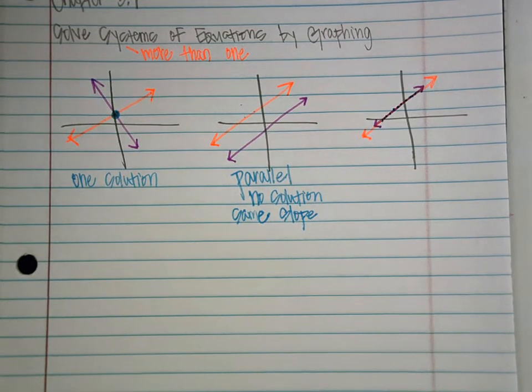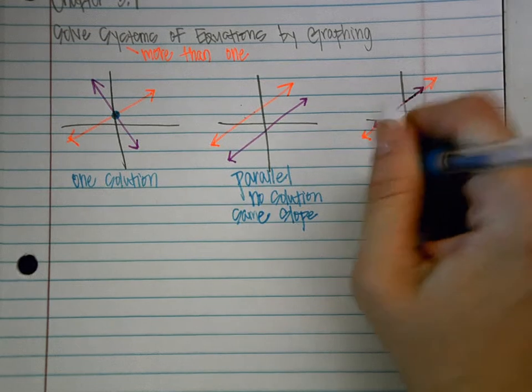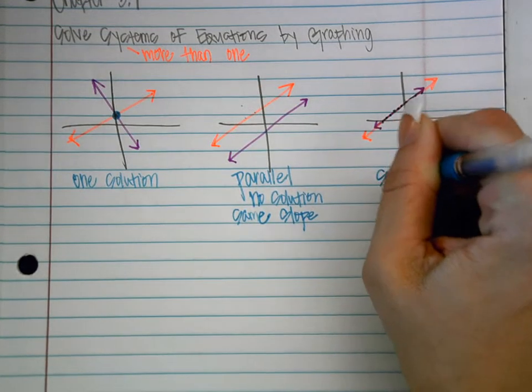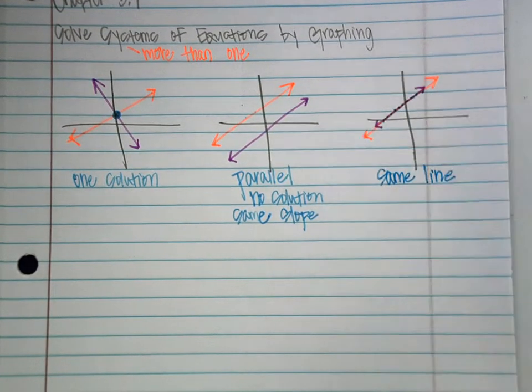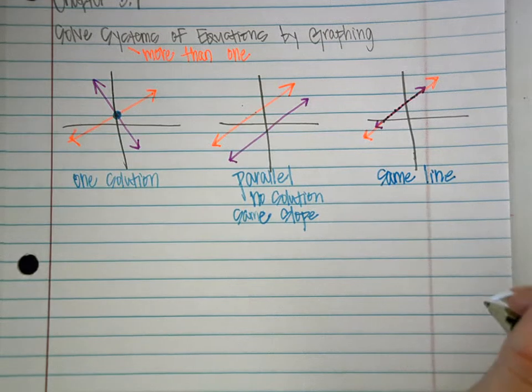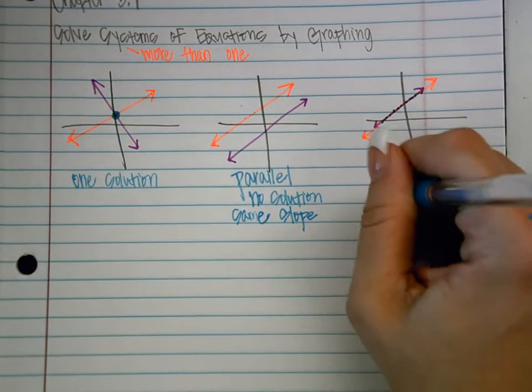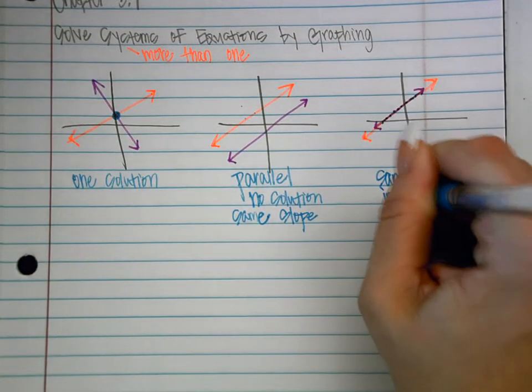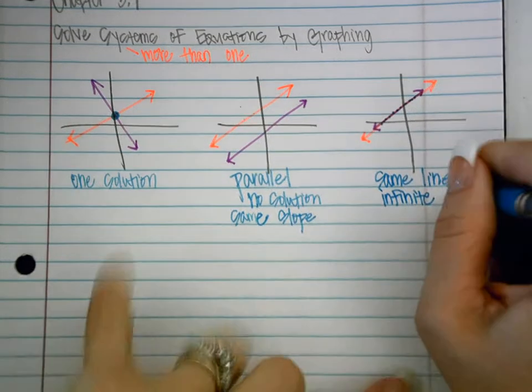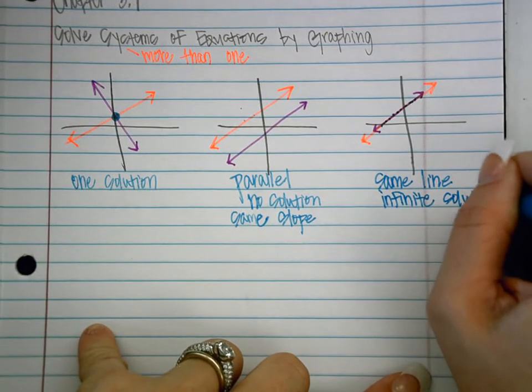Can we say how many places? All of the places. So if you have basically the same line, it has an infinite number of solutions. Infinite solutions. That means you can't count that high.